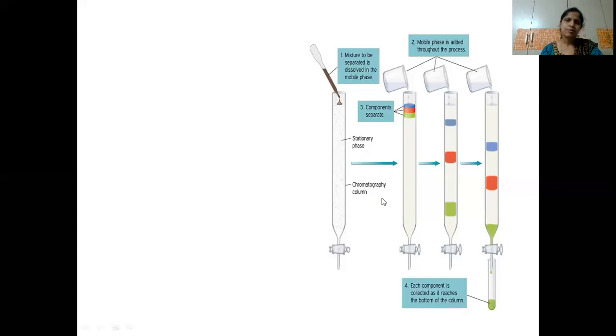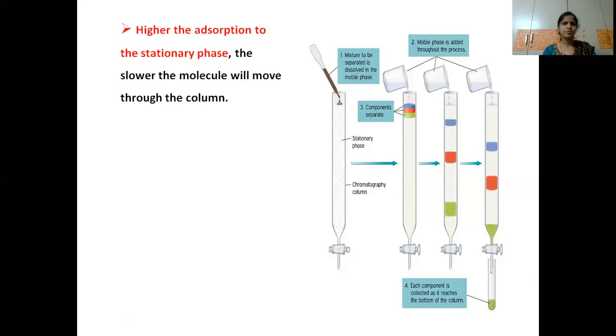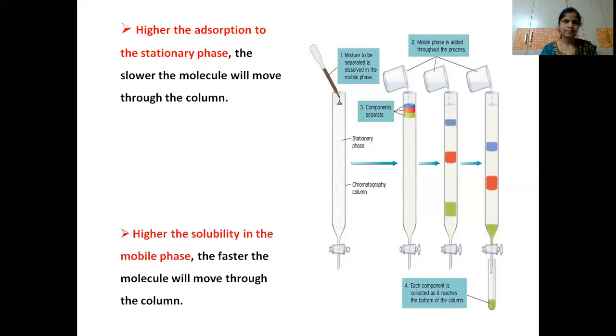What we need to remember is, the higher the adsorption to the stationary phase, the slower the molecule will move through the column. In this case, the blue component has more adsorption towards the stationary phase, and hence it is moving very slowly.